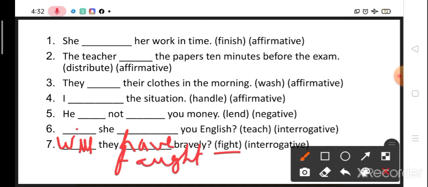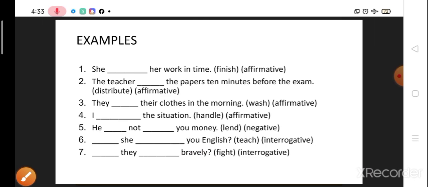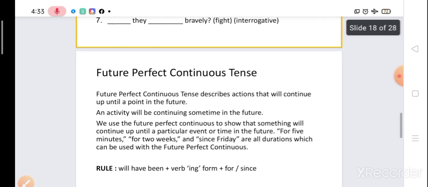Will they have fought bravely? I hope children you are able to understand it very nicely.